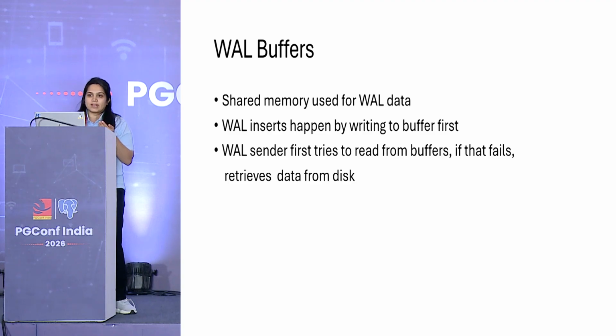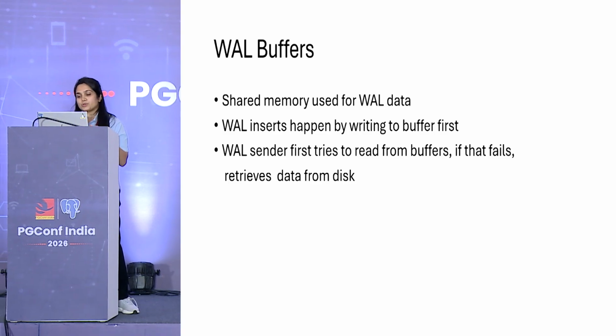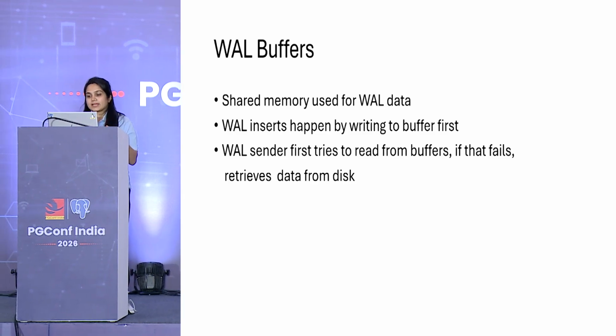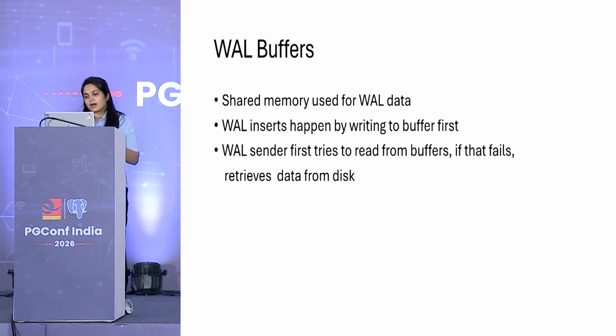Then after the WAL buffers become full, they are written to the disk. These WAL buffers can be set by a GUC, and are typically set to about 3% of your shared buffers.